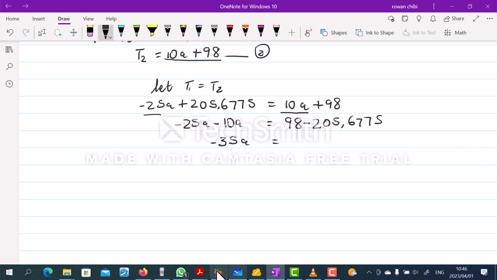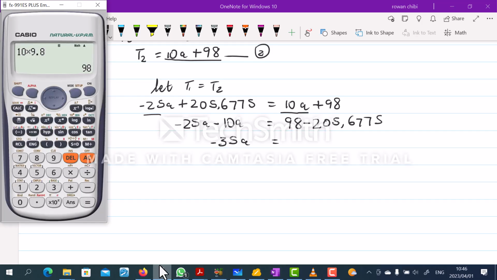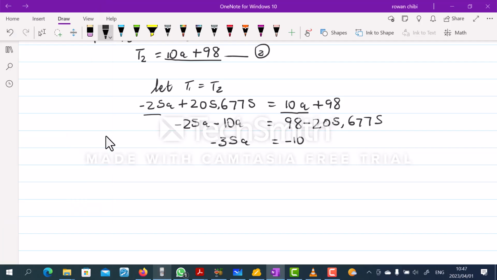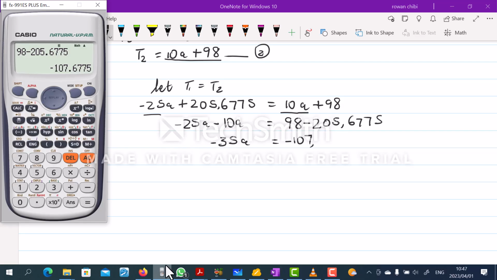Then let's subtract these two. So on that other side we have 98 subtract 205.6775. So you have negative 107.6775.